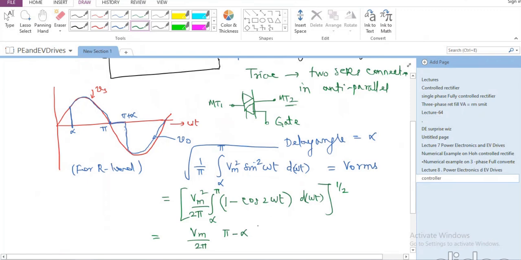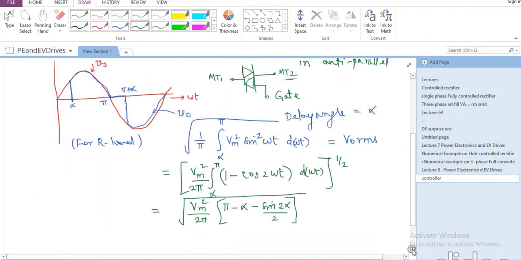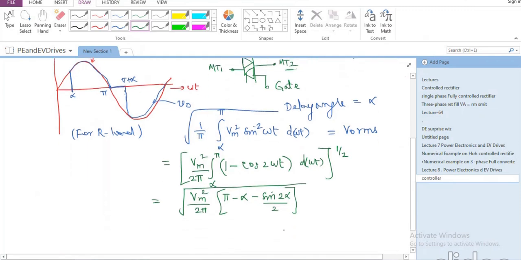So it will be minus sine 2 pi, which is 0, minus sine 2 alpha divided by 2. Okay, so this is going to be the integrated value, and the square root of this is going to be the actual value of this particular output RMS value.